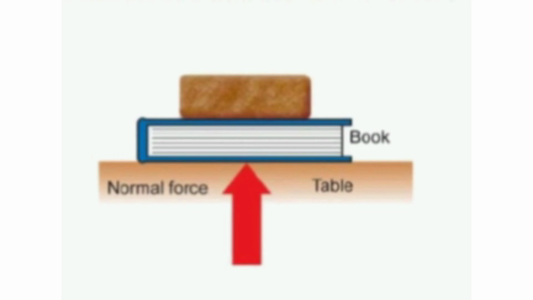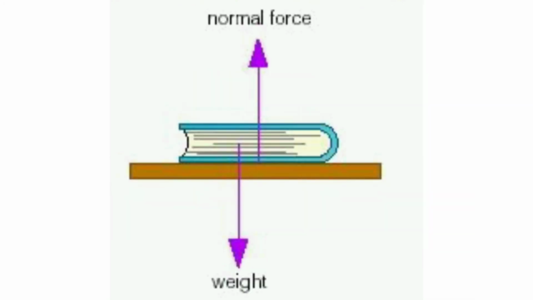The table pushes up on the book with as much force as the downward weight of the book. The book lying on the table compresses atoms in the table and they squeeze upward on the book. The compressed atoms produce the normal force.